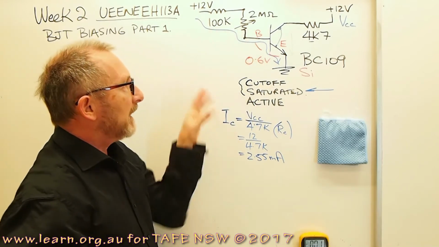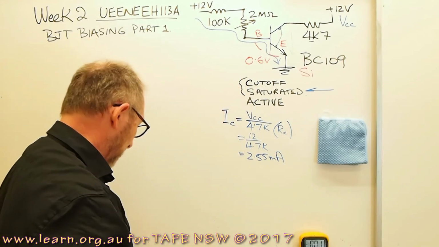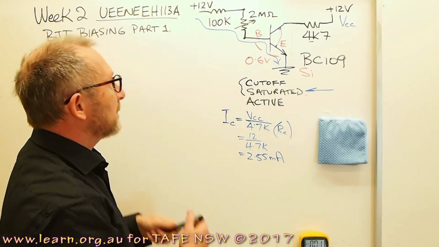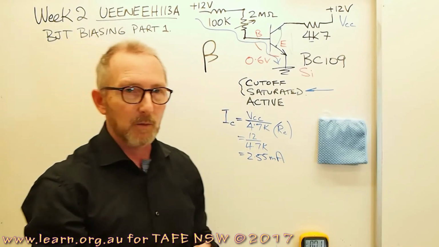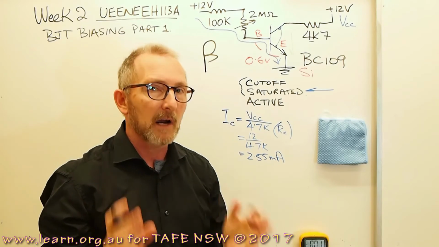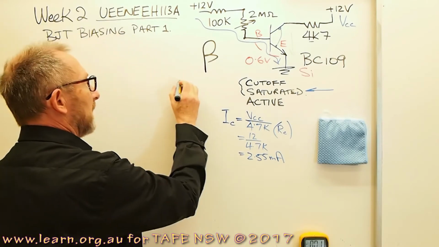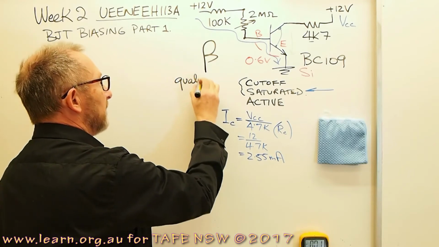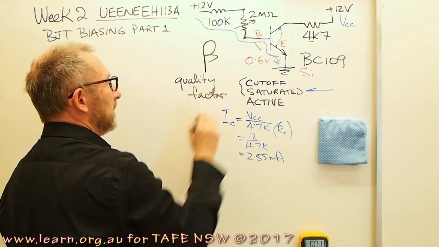So how do we go about making that transistor hard on? We need to consider something else about the transistor. We need to know the beta of the transistor, the DC current gain of the transistor. And of course, beta is like a quality factor for us here.